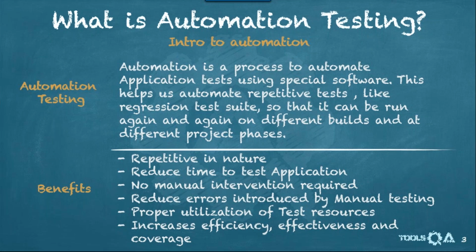So instead of you trying to go through each page of your application and trying to find out bugs, a piece of program can do that for you. So that is what automation testing is. You basically end up automating the whole testing process in your project or in your organization.